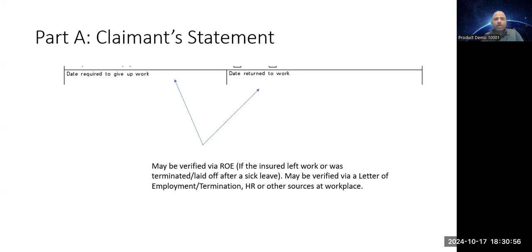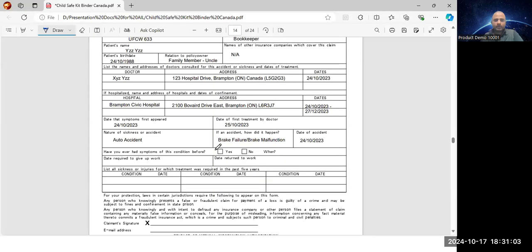All right, so date required to give up work and date returned to work. Let's go ahead and fill this one out. Let's say the date required to give up work, in this case, is 24th October 2023.